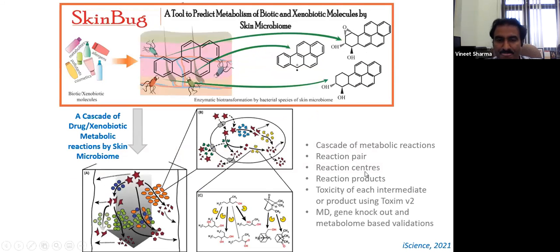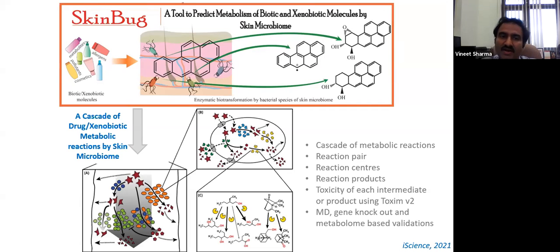In DrugBug we could not predict the cascade, that the starting molecule could be this, then one enzyme acts on it, then this is the product, then the product is again the substrate of the next enzyme, because skin has so many enzymes and the gut also has so many enzymes.